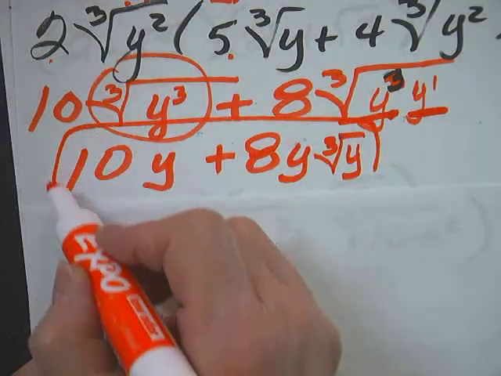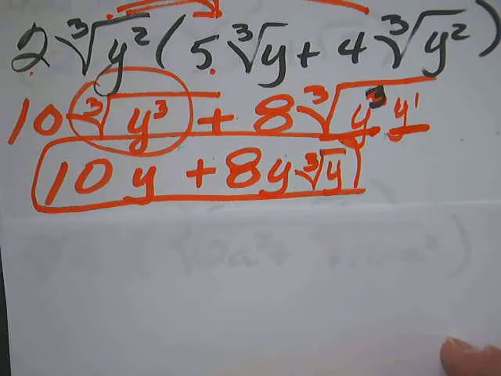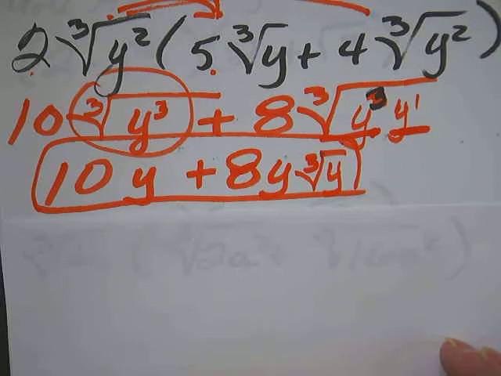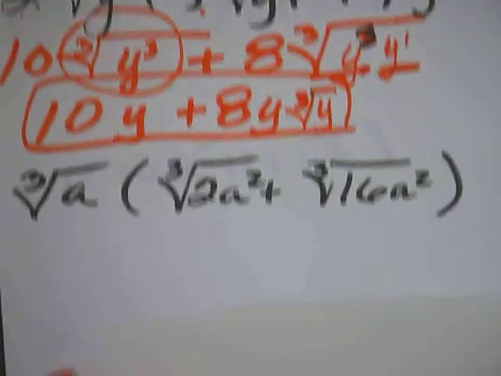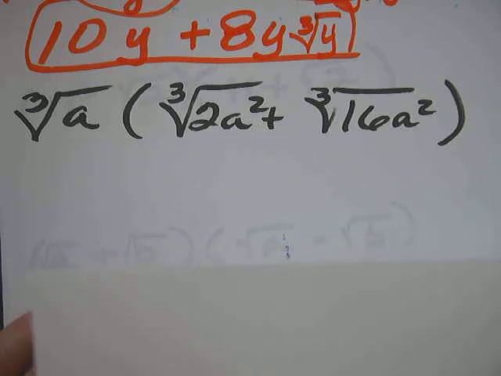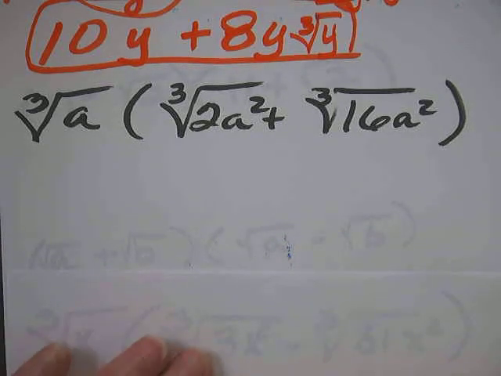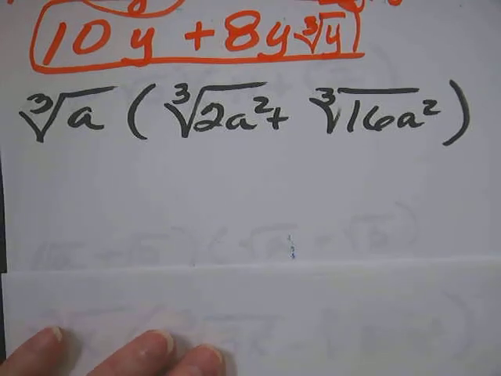What's the cube root of y cubed? y. That part turned into that. Now, the 8's going to stay up here. This part comes out as a y, right? This part stays under the cube root.